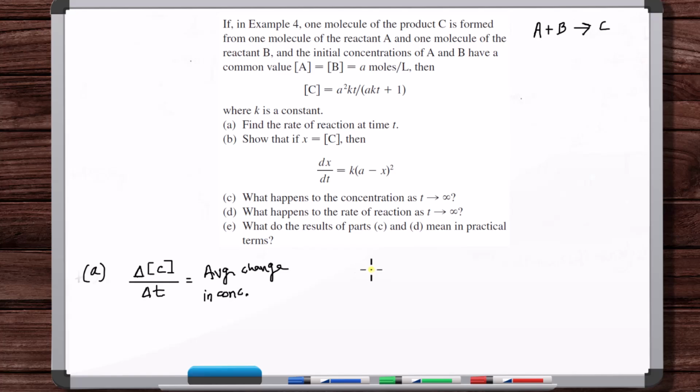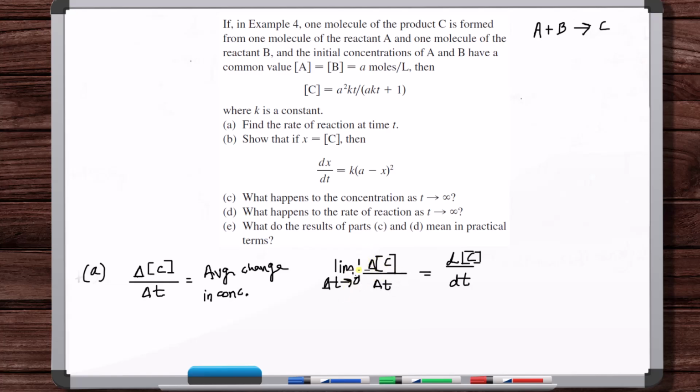But if you take the limit as delta t approaches 0 of the delta concentration divided by delta t, then that's going to be the derivative of the concentration. Right? This is one of the definitions of the derivative. And this is the one that's most commonly used in real world situations. The difference quotient limit. Rate of change of one variable with respect to another.